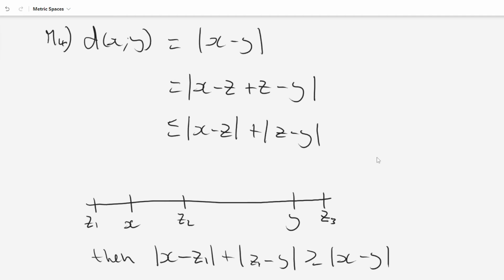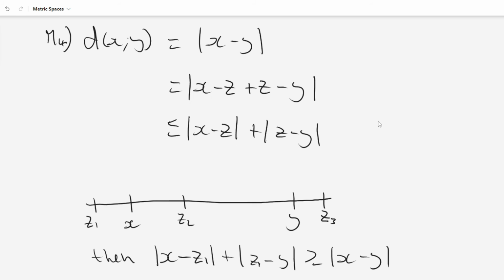So I did a simple addition and subtraction where we just basically added 0. We started off with the absolute difference between x and y. I then add 0 in a simple way by subtracting z and also adding z. And then we know that if I take the absolute value of the one plus the absolute value of the other, this result will be greater than or equal to this result.